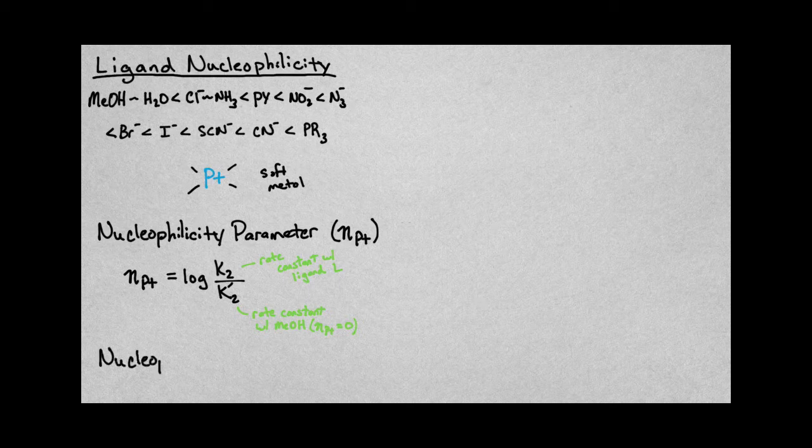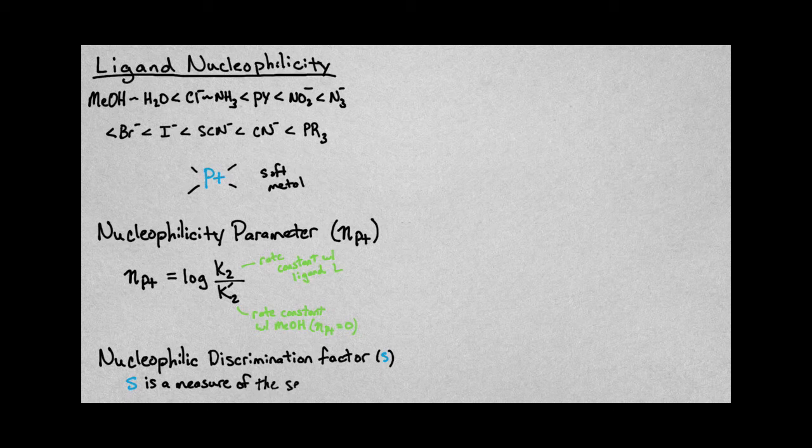Now, we also have a measure of the susceptibility of a complex to the nucleophilicity of the incoming ligands, and that's called the nucleophilic discrimination factor S. So S is a measure of the sensitivity of a given complex to the nucleophilicity parameter.